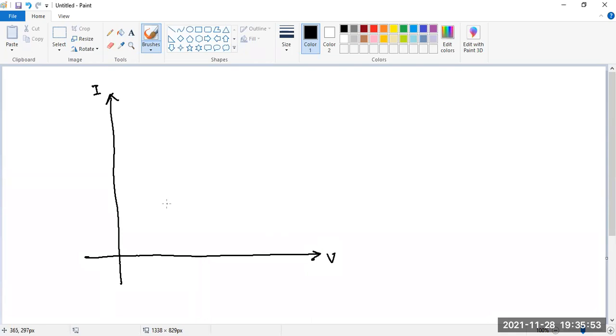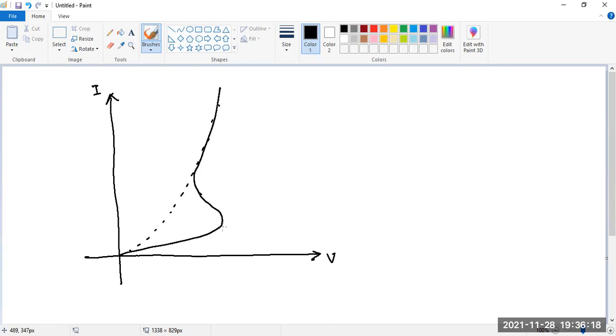Okay, so it is similar to a PN junction diode, but the problem is as it has 4 layers and three junctions, so it starts conducting like this.